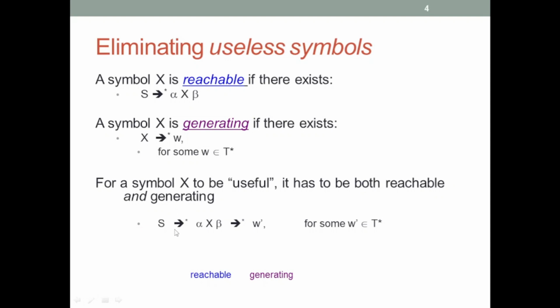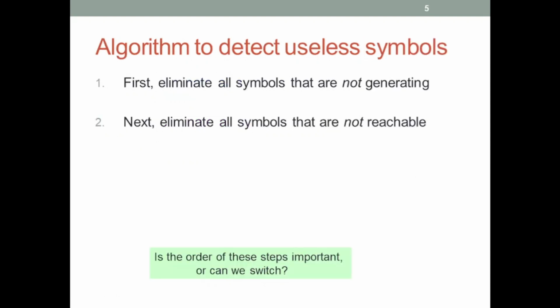These two conditions are very important in your grammar. S derives alpha X beta, and X derives W, for some W belonging to terminal symbols. Now next we have to find out the useless symbols. How can we identify them?